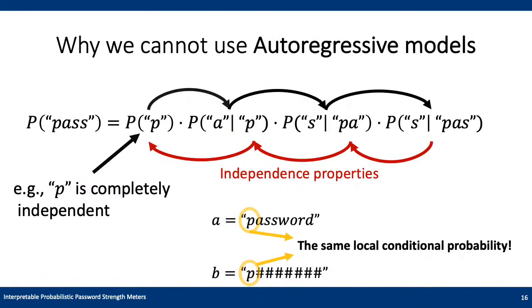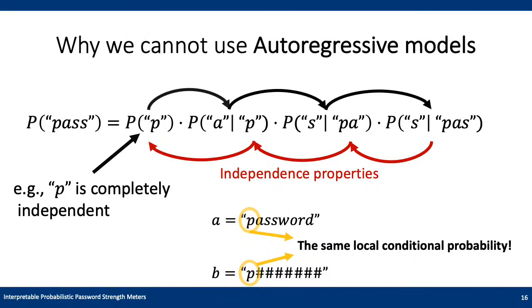But there is a problem. We cannot use standard approaches such as autoregressive models to enable such feedback mechanism. In particular, the problem here is that these models assume independence properties among characters that make the local conditional probabilities not well representative.